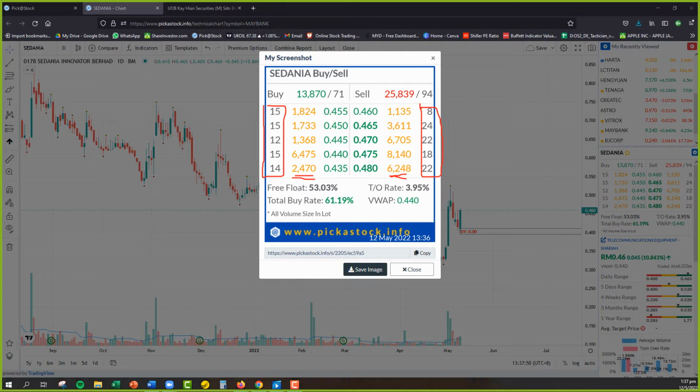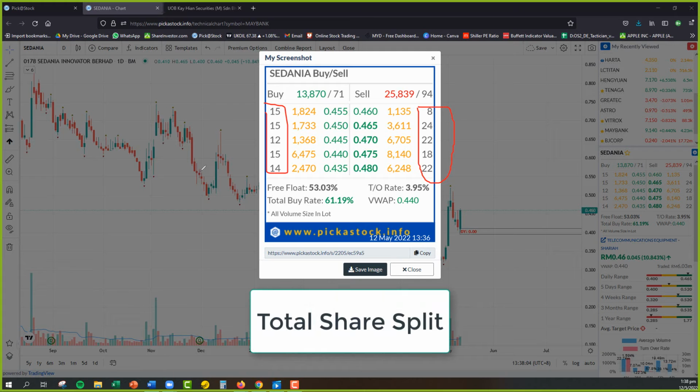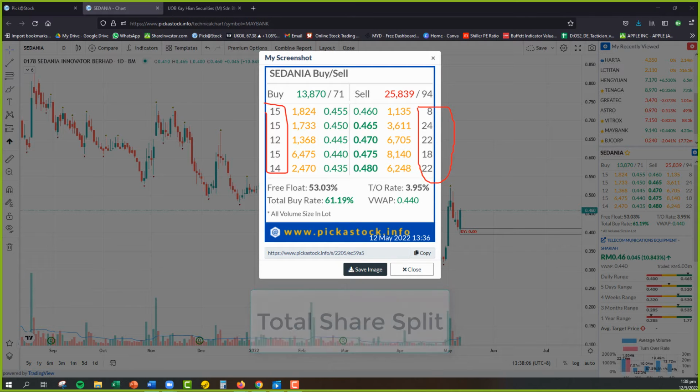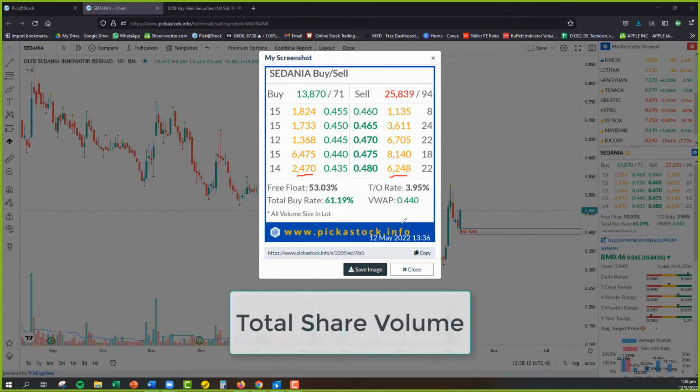First of all, ladies and gentlemen, the first number here, and the one on the other end, is the total share split. On the other hand, the yellow-colored number, this one right here as well as this one, is the total share volume.